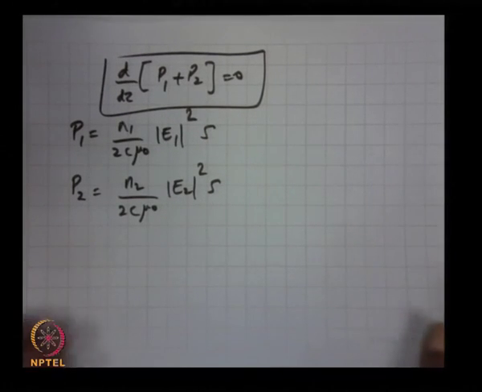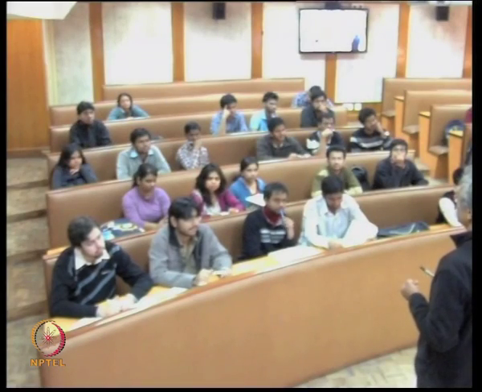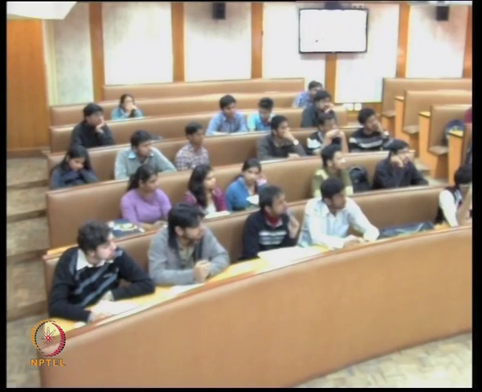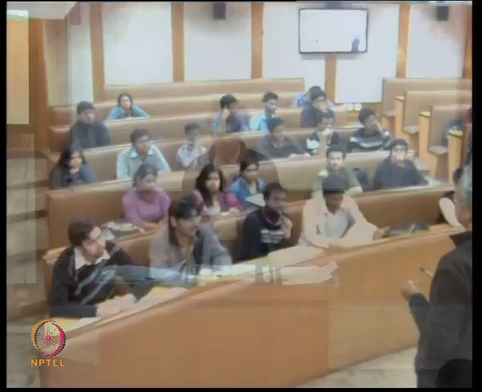Why can't we say that d by dt of the energy density is 0? No, but for energy, not the energy density. It is the amount of energy crossing a unit area per unit time. That depends also on velocity, because energy density into velocity is the intensity.